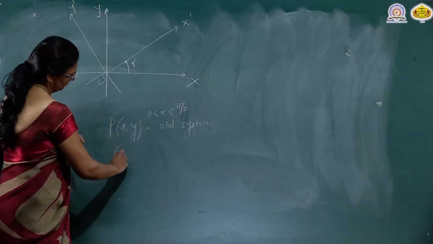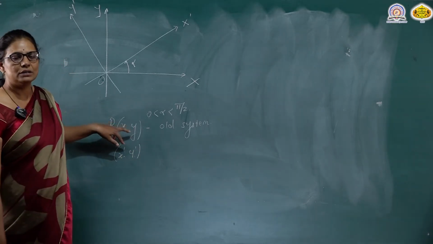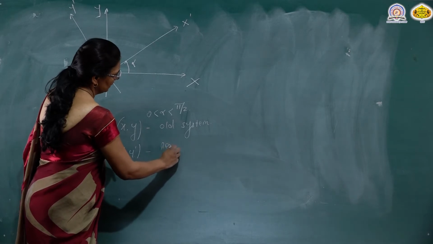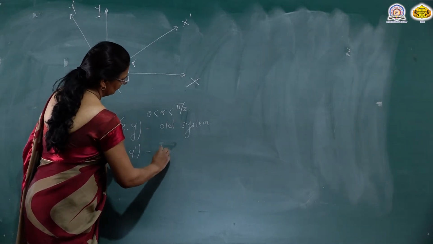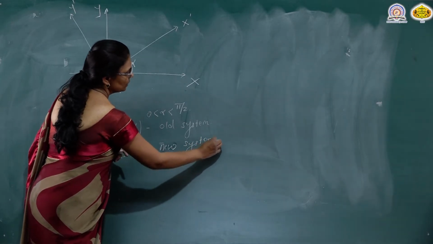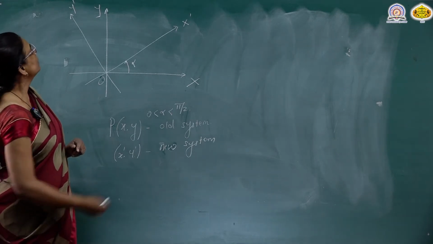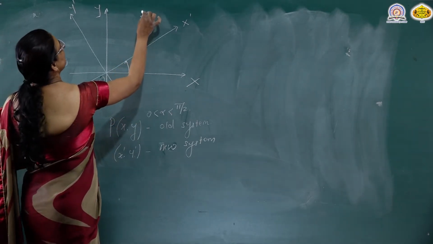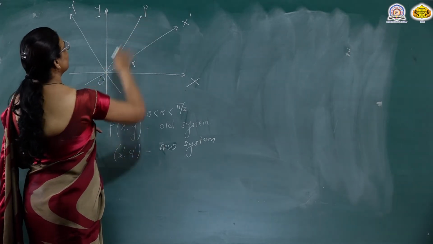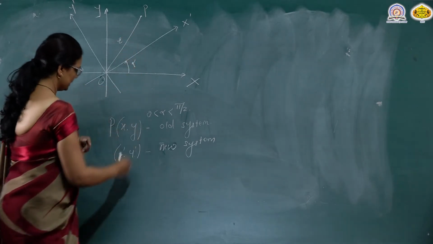And let x dash, y dash be the coordinates of the point P with respect to the new system, that is, in the rotated system x dash y dash. Suppose this is the position of the point P. Draw the segment OP, and let the distance OP equal r units.